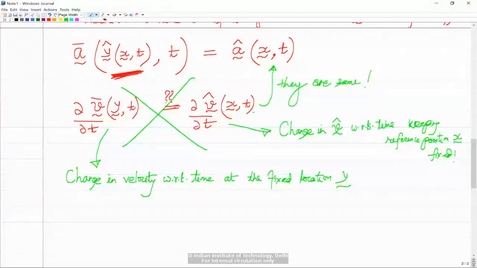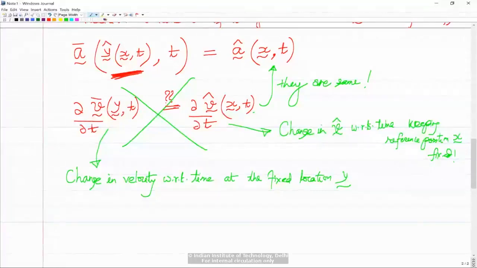But the left hand side says keeping fixed location y. So you are measuring the velocity at the same location y at different times. But at a given location y, you have different particles passing through it at different times. So let us say at t equal to t1, you will measure the velocity of particle y1, whereas at t equal to t2, you will measure the velocity of particle y2.